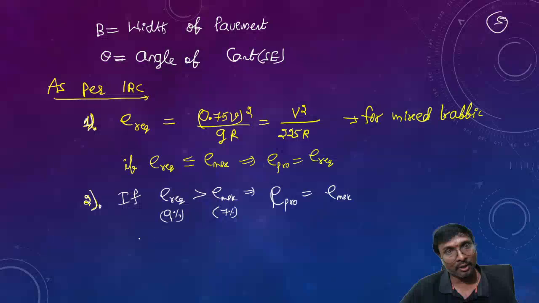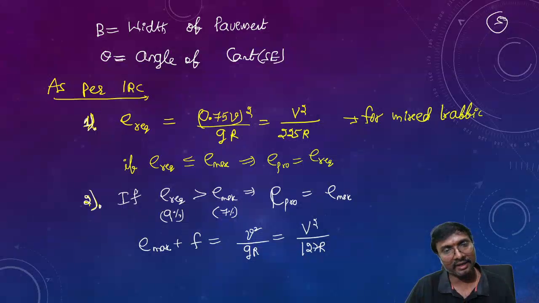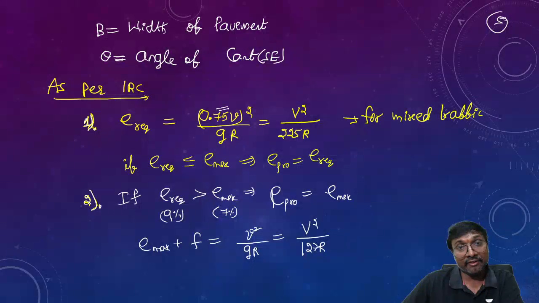Insufficient, right? Therefore now we have to take the help of friction, because super elevation is insufficient here. E max plus f is equal to small v square by gr, which is also equal to capital V square by 127 r. Whenever you consider friction also, we have to consider the design speed definitely, because here we were designing for 75% of the speed only.